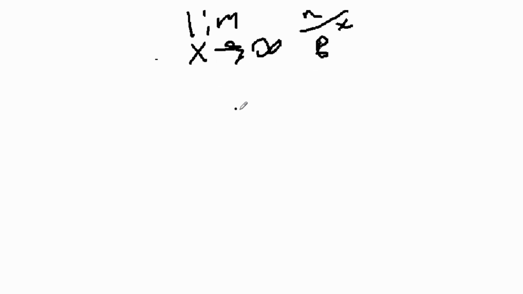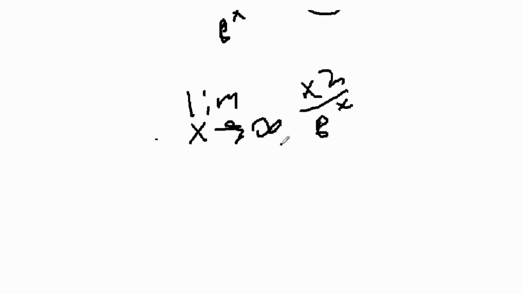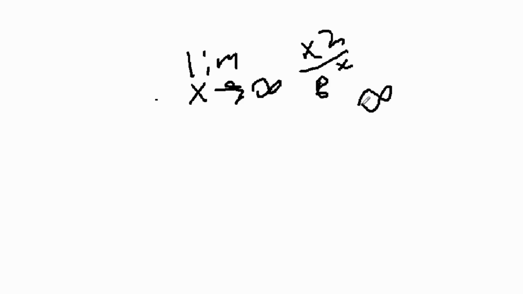Now if you substitute infinity in for x, you'll get infinity over infinity, so it's in indeterminate form. Now we apply L'Hopital's rule. The derivative of x squared is 2x. The derivative of e to the power of x is e to the power of x.